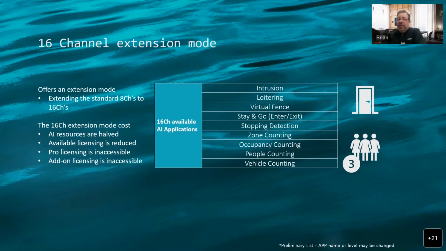The cost of doing that is the resources that are available do get cut in half, as now you're taking the existing resources and dividing them across 16 channels as opposed to 8. So the resources will be halved as they get divided across the channels. Available licensing: if you have any of the more advanced or add-on licenses, like pro licensing and add-on licensing, a lot of that functionality will no longer be available, simply for the fact that the available resources cannot support those licensing applications when in 16 channel mode.